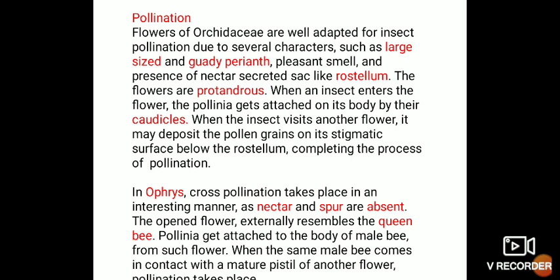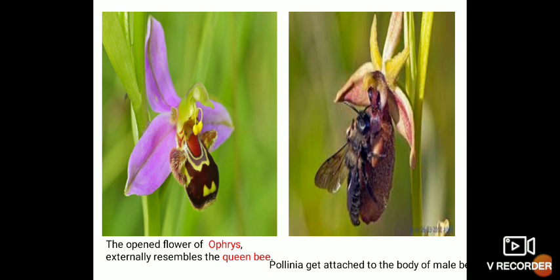Pollinia get attached to the body of the male bee, which, assuming the flower to be a female bee, is attracted towards that flower. From such a flower, when the same male bee comes in contact with the mature pistil of another flower, pollination takes place.